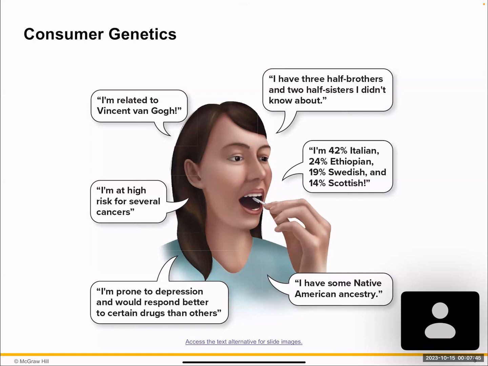It tells you what your background is, what your race is, what disease you might be more susceptible to, what medication may work better for you, and if you have any siblings that you may not be aware of. Basically put, it gives you a lot of information about who you are, what types of traits you have, and where those traits actually came from.